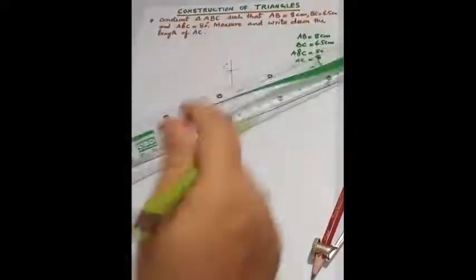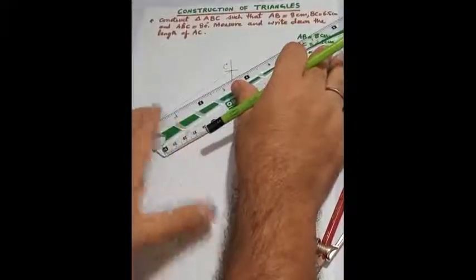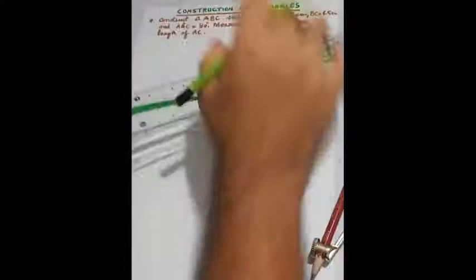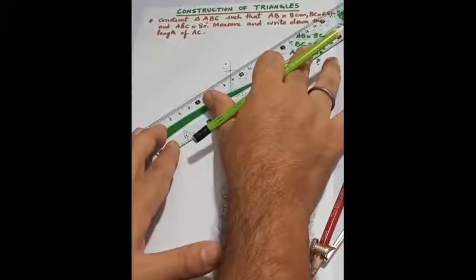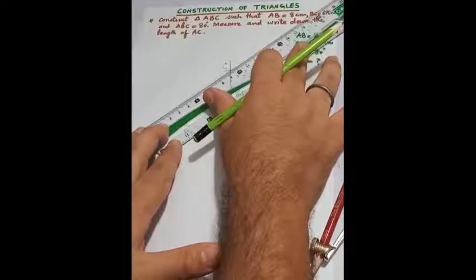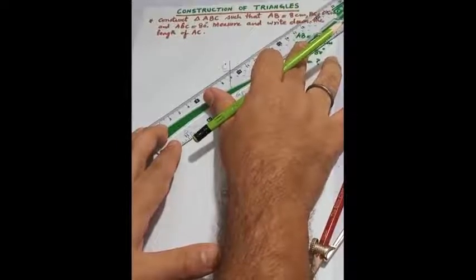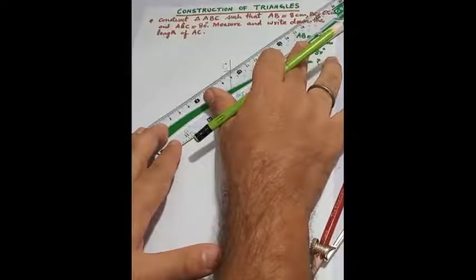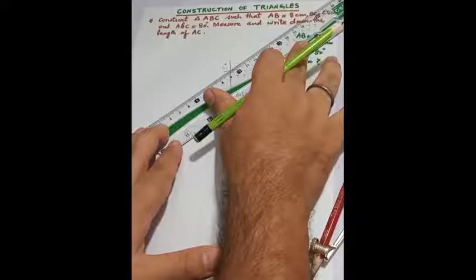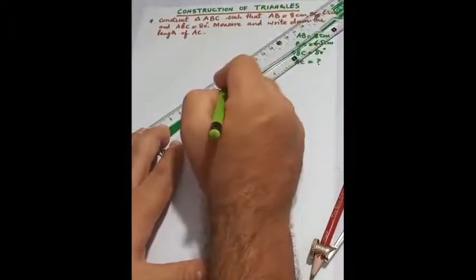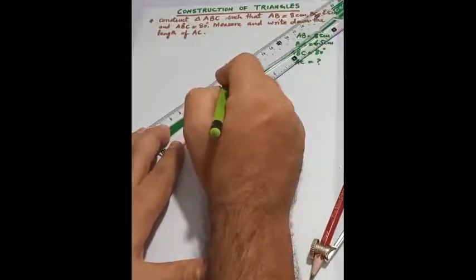Now with the help of ruler you have to measure the length of AC. Yes, the length of AC is 9.4 centimeter.